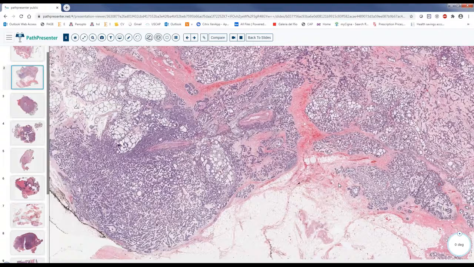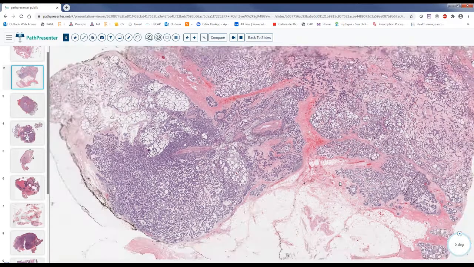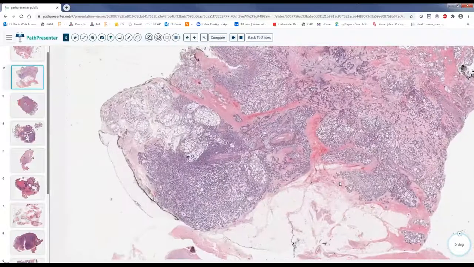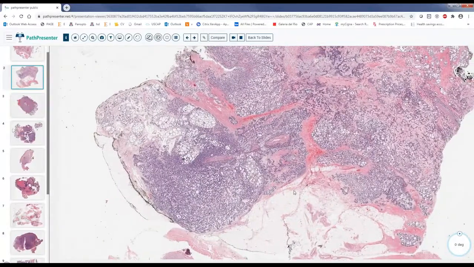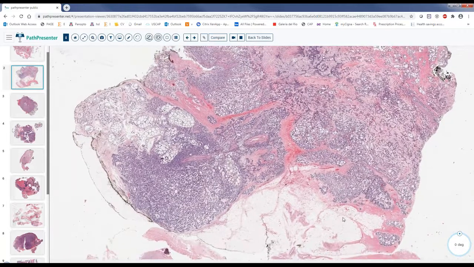The other thing you have to put in your diagnosis, which is something I do, is the percentage of the solid component. In adenoid cystic carcinoma, it can be difficult to assess the grade because it's a little different than other adenocarcinomas.